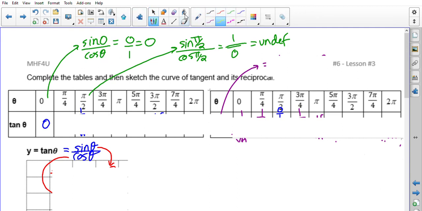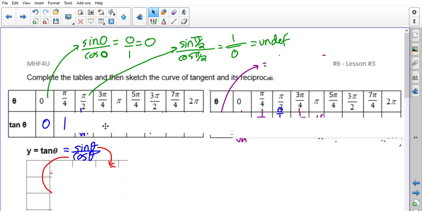So if you're doing tan at 0, that's really sine 0 divided by cos 0, okay? Because tan is always sine theta divided by cos theta. So if you do that, sine 0 is 0, cos 0 is 1, 0 divided by 1 is 0. Okay, so that's how you get 0.